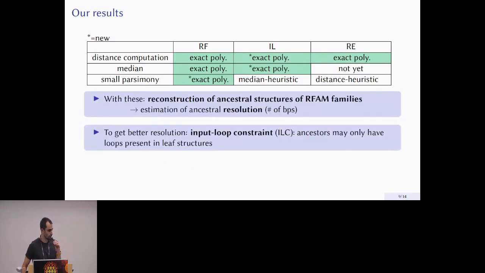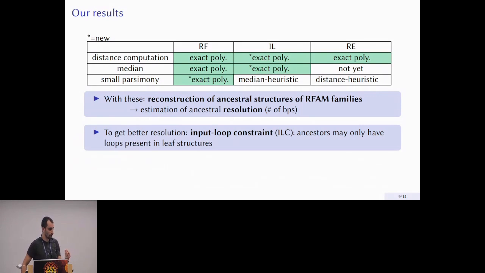And then what did we do with these results? So we've tried to reconstruct ancestral structures of ORFAM families, so the database I was telling you about at the beginning. And a quantity we've looked at to assess the quality of our reconstruction is the resolution of the ancestors we reconstruct.